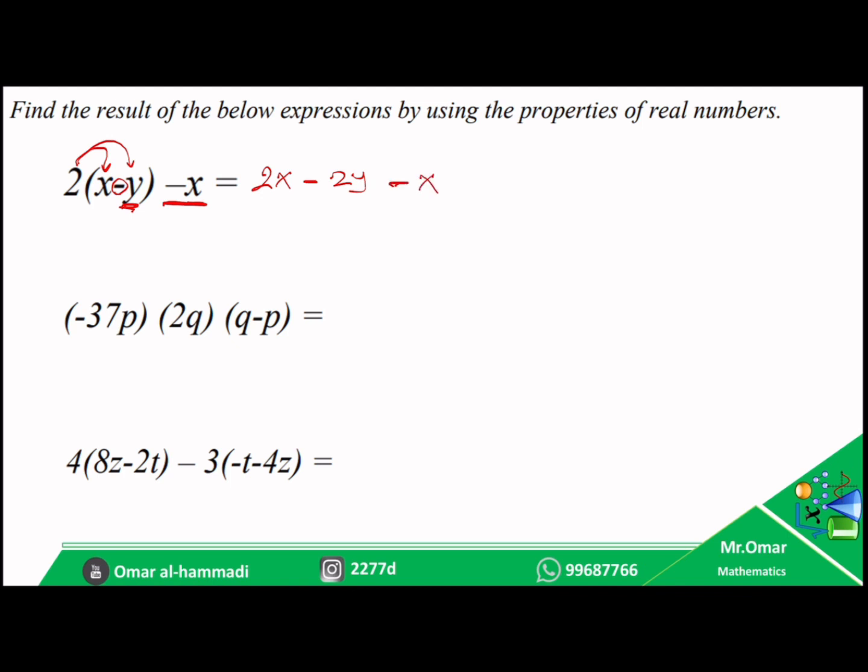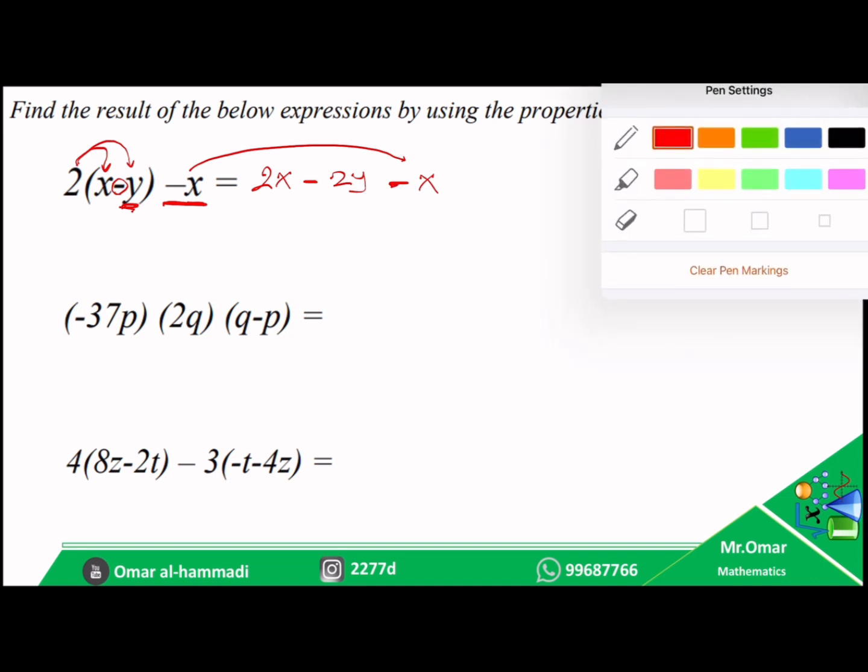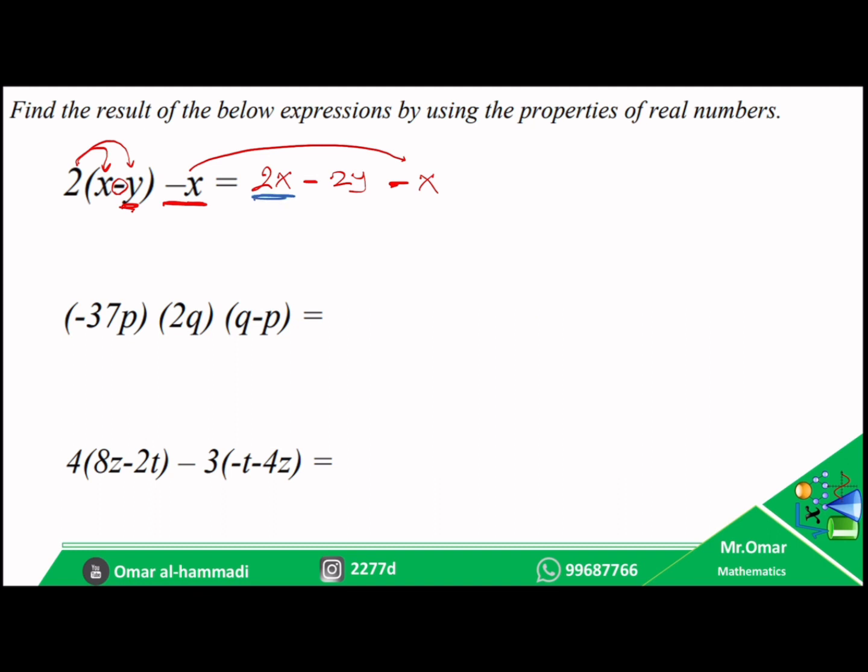That's it. Here this is the same, we don't see it anywhere. And now we have 2x and minus x. 2x and minus x will give us x only. And this is the same, minus 2y. We don't have another y here.